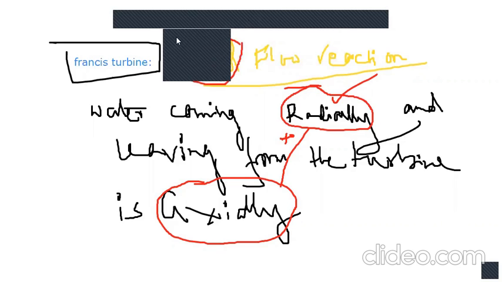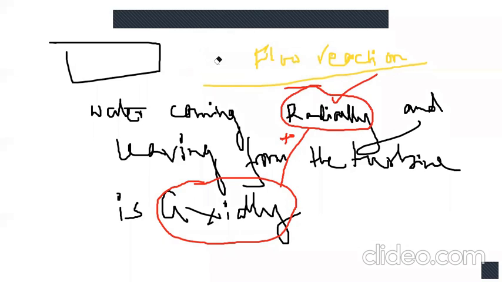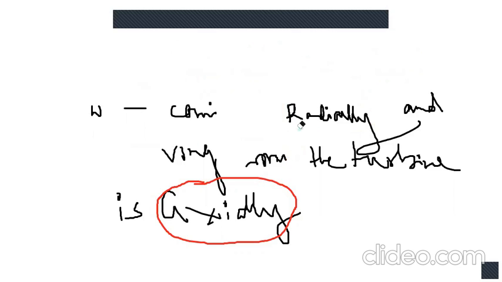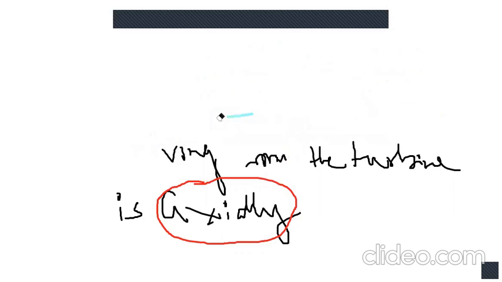Now first draw the velocity triangle. First of all, you have to erase all these things.